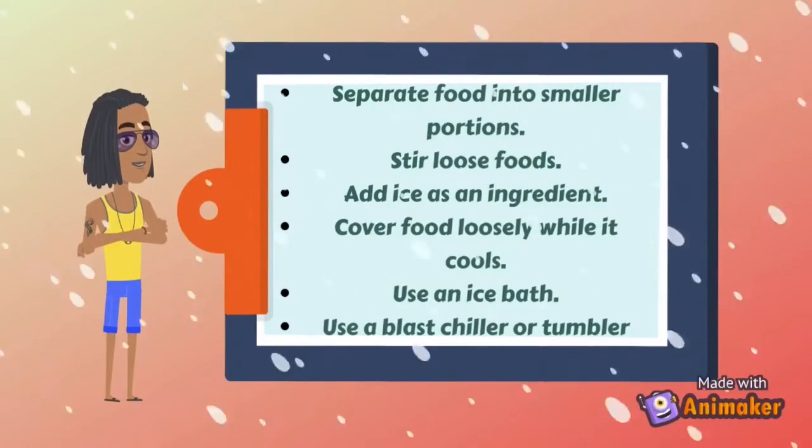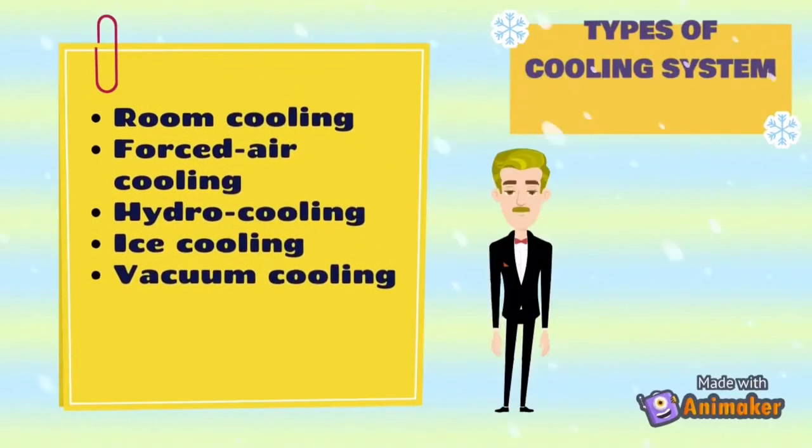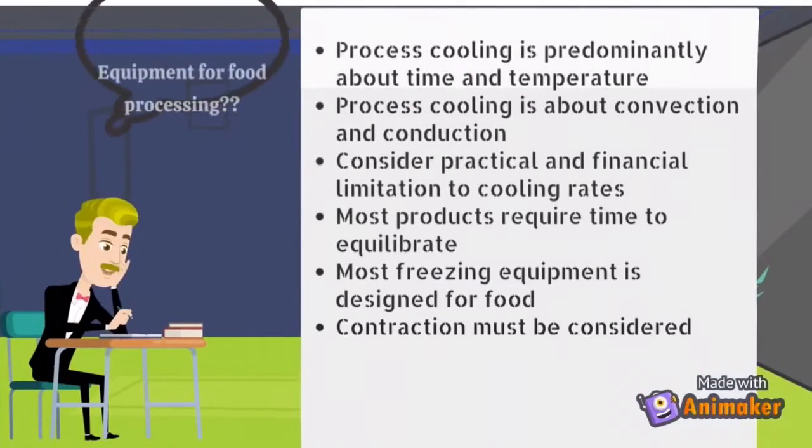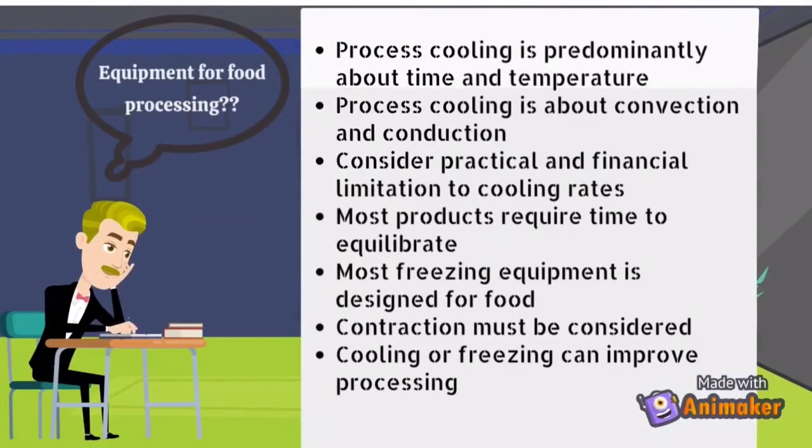And these are the proper cooling methods for food. Among the basic types of cooling systems are room cooling, forced air cooling, hydro cooling, ice cooling, and last is vacuum cooling. The equipment for food processing: process cooling is predominantly about time and temperature, and also about convection and conduction.